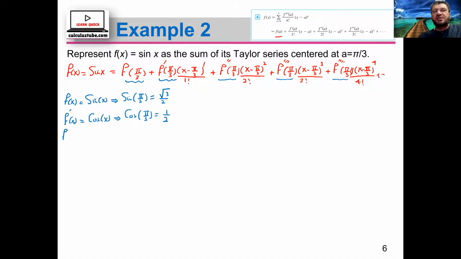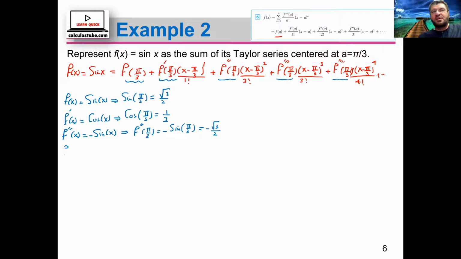Now let's go to the second derivative of x. The derivative of cosine is negative sine x, and the second derivative at pi over 3 would be minus sine pi over 3, and this is negative root 3 over 2.